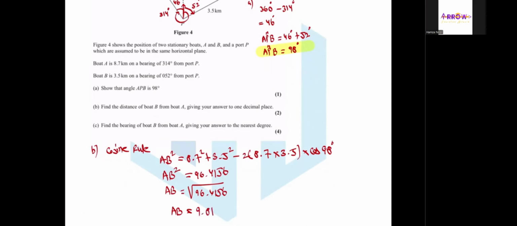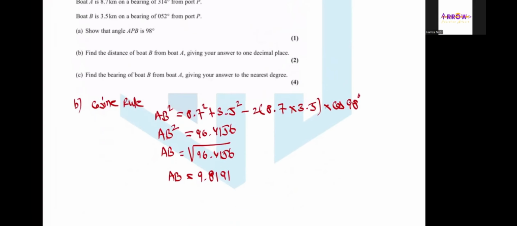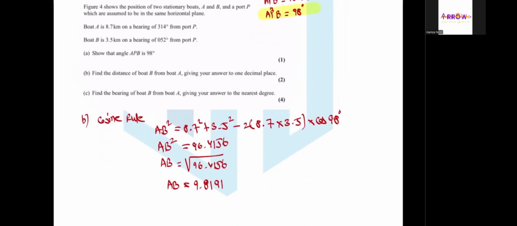So the square root of this value is 9.8191. All right, and then according to the requirement of the question, correct to 1 dp, therefore the length of AB is 9.8 kilometers, correct to 1 decimal place. All right, so this was the requirement of part B.